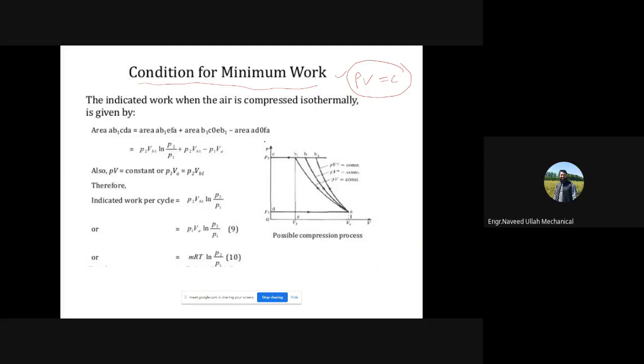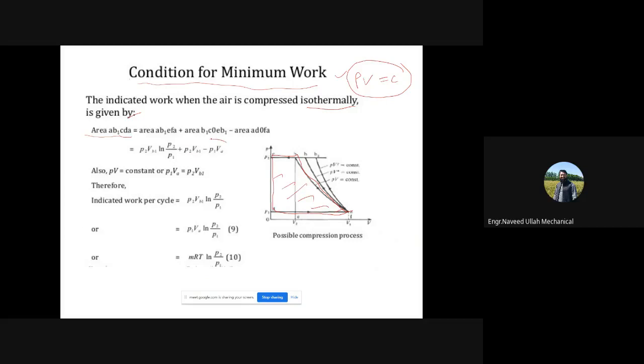So actually here it is discussed in this slide. The indicated work when the air is compressed isothermally is given by area AB1CDA. This is actually that area under the curve, right?